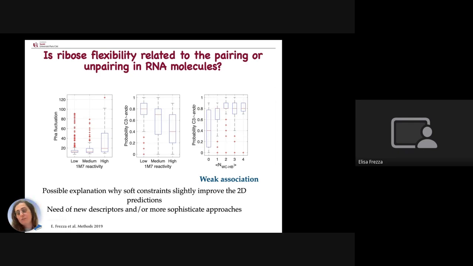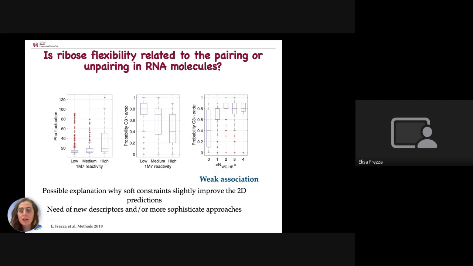We realized that on one side the ribose flexibility has a medium association with reactivity, while a very weak association is present between the probability of the ribose being in a specific form and the number of hydrogen bonds, meaning that there is not a trivial relationship between the hydrogen bonds and the ribose, which is the crucial player in the reaction.